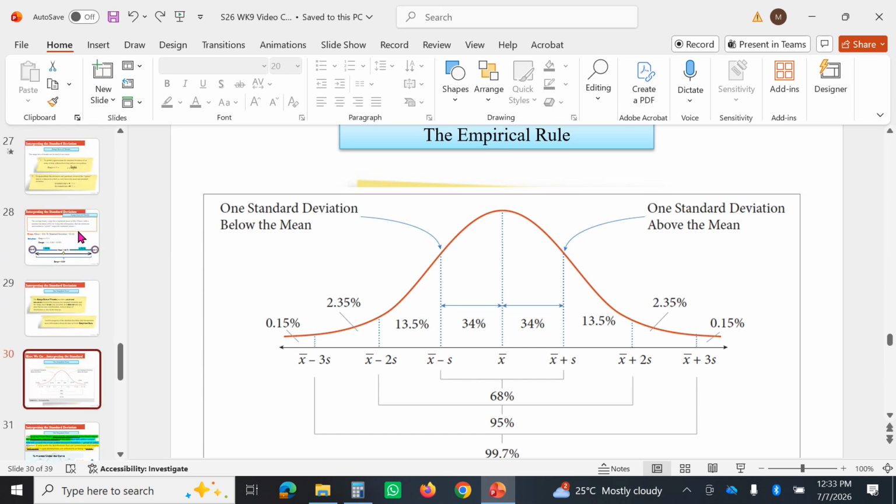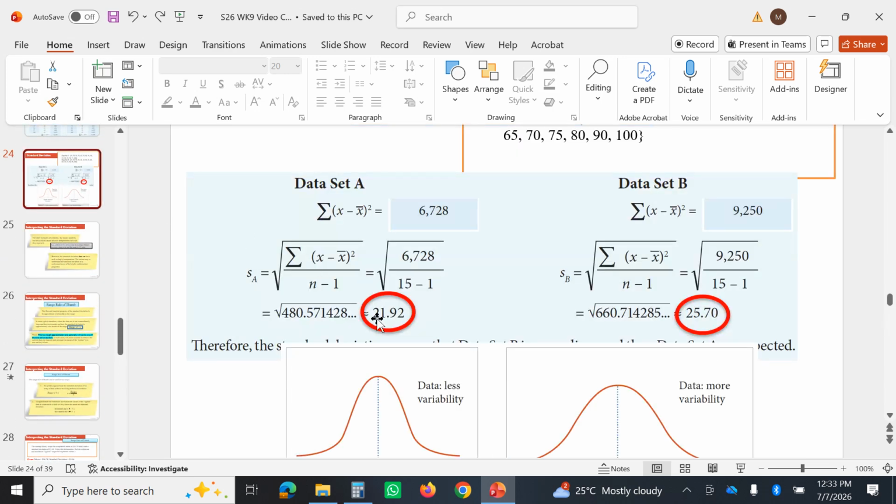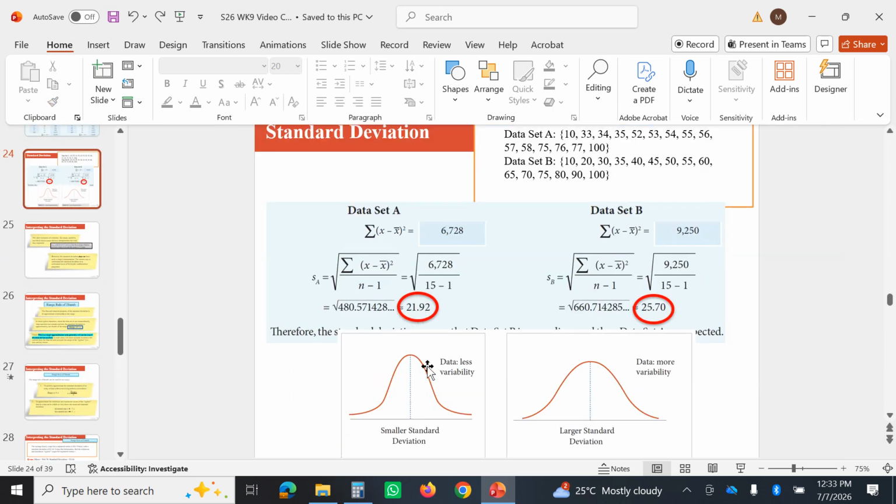We saw up here that for these guys, the standard deviation was 22 units away from the mean, and for this data set here the first standard deviation was 26 units away from the mean.